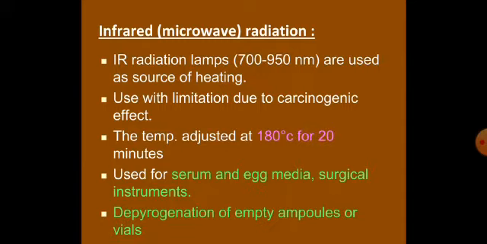Again, infrared radiation is considered a method of heat sterilization, not a method of radiation. Why? Because we use the heat obtained from the IR radiation as the tool of sterilization.